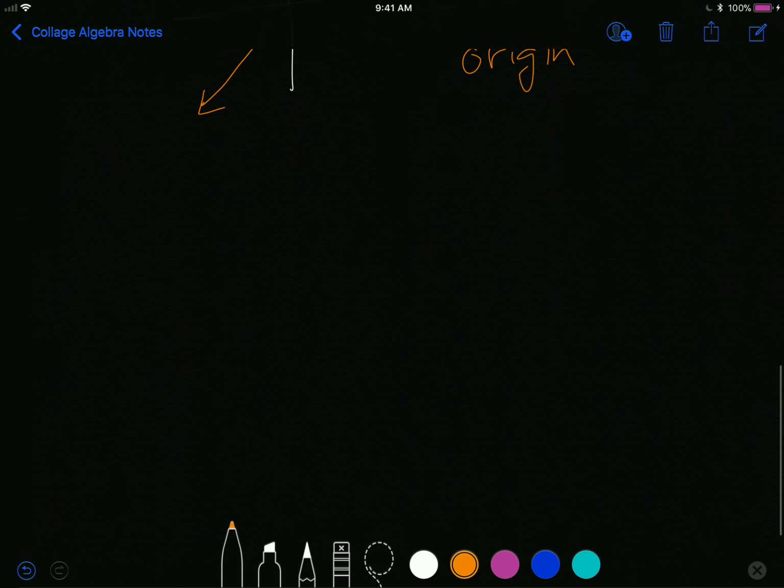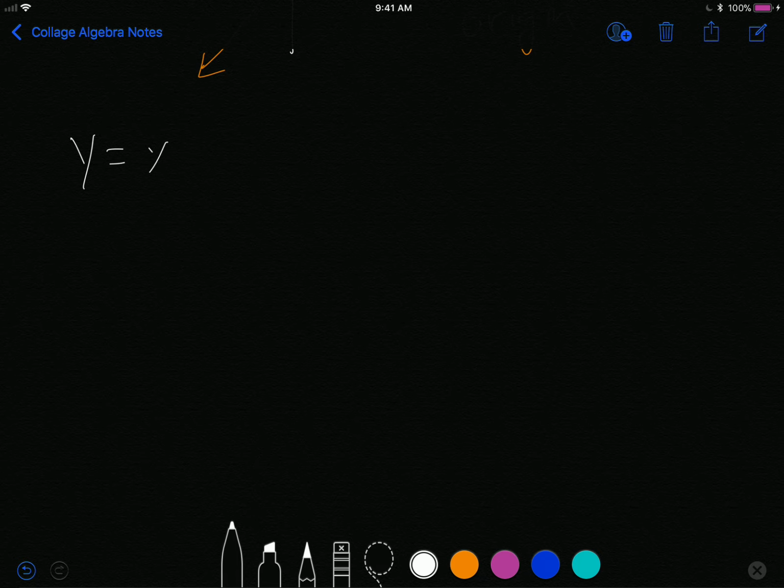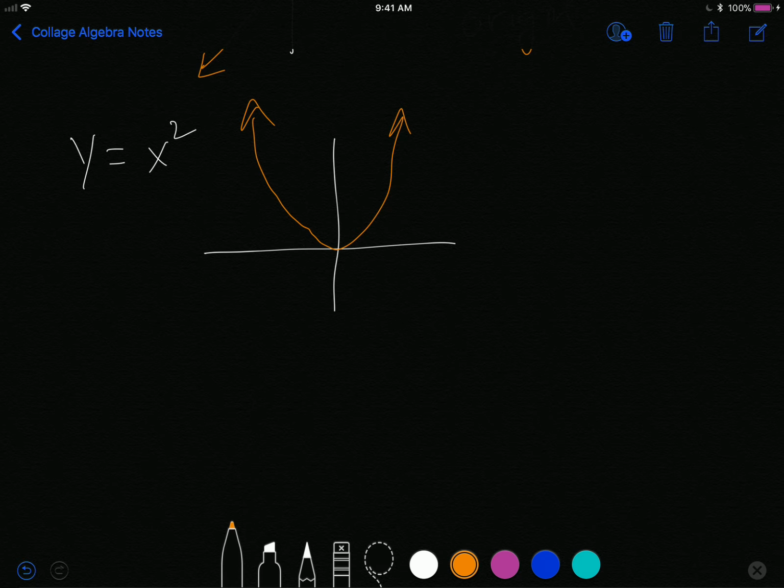Then you have y equals x squared. That's your parabola. The graph is going to be halfway up and it starts going back, halfway down and starts going back up again. Your domain is all real numbers. Your range is the half number line, so that's 0 to infinity.